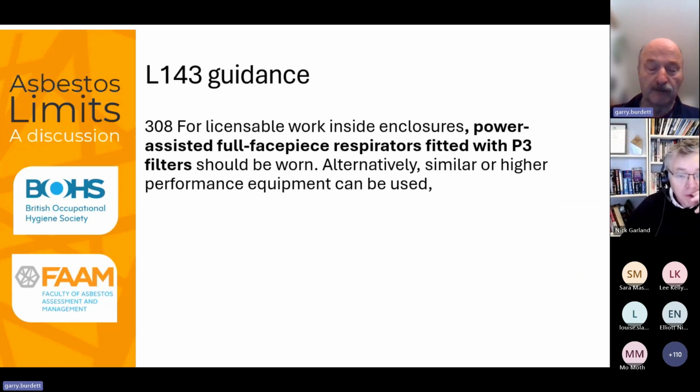The last bit of HSE guidance, which is not an approved code of practice, it is guidance, is that inside the enclosure during removal, you should have power-assisted full face piece respirators fitted with P3 filters, or higher performance respirators. So again, it's very clear what is expected.